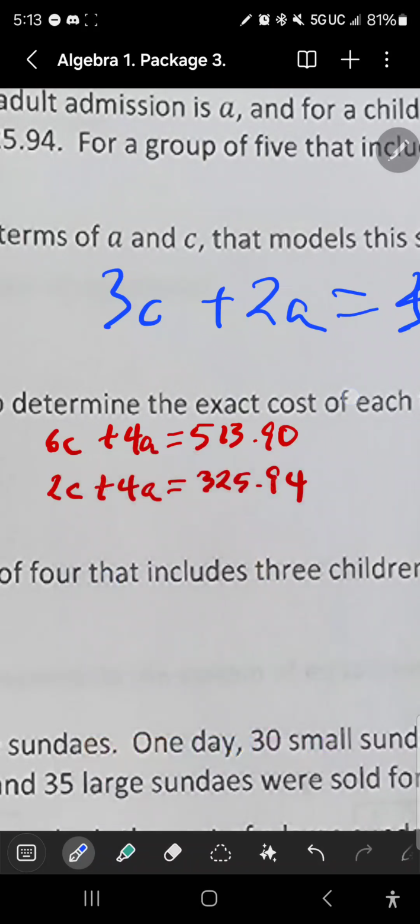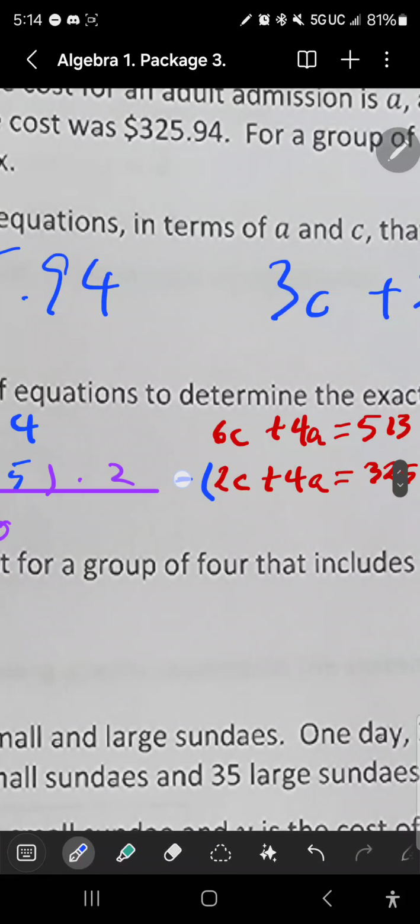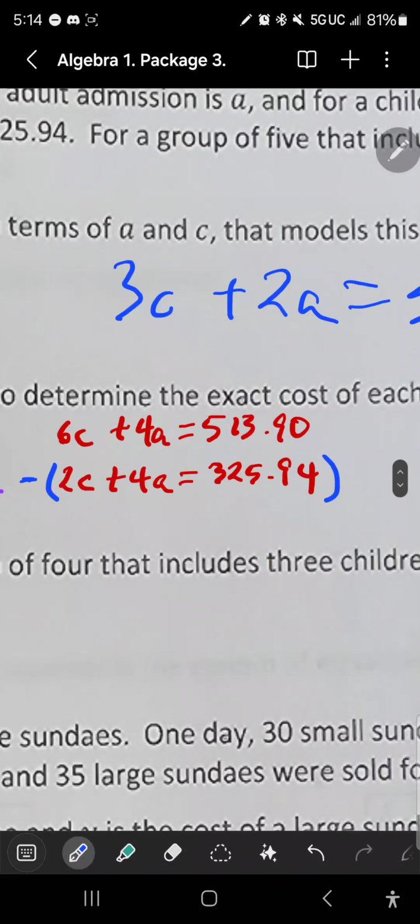Now what I could do is subtract one from the other. I will say minus. So 6c minus 2c is 4c. Like 6 minus 2 is 4. Now, I remember I'm using the minus here, so this plus right here will be a minus.